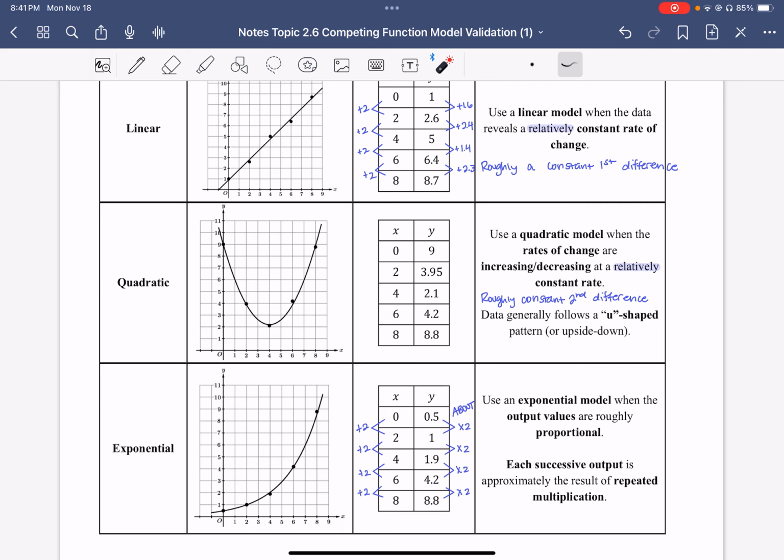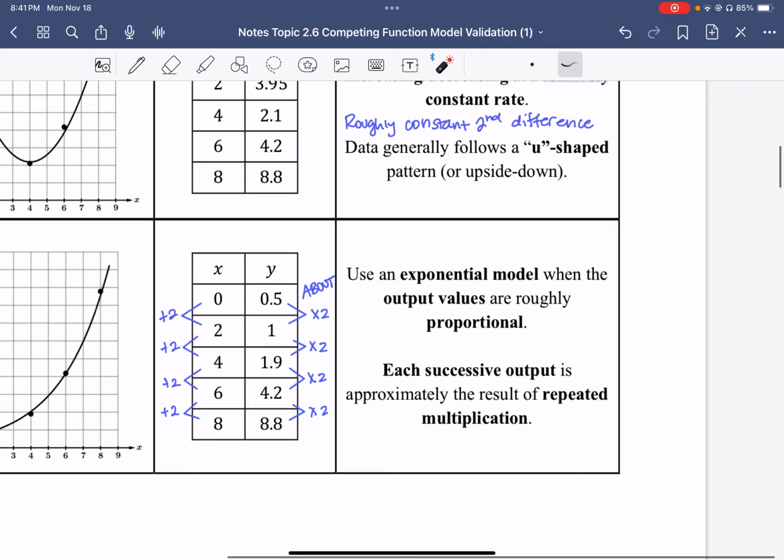If you're just looking at the data, you can also make your own scatter plot and then see how the points line up. If it's a little bit more curvy versus perfectly straight, then that could be another giveaway. And also, if you are able to use a calculator, if it's a calculator active question, you can make your own scatter plot, and that way you don't have to make it by hand. So there's a few different options there.